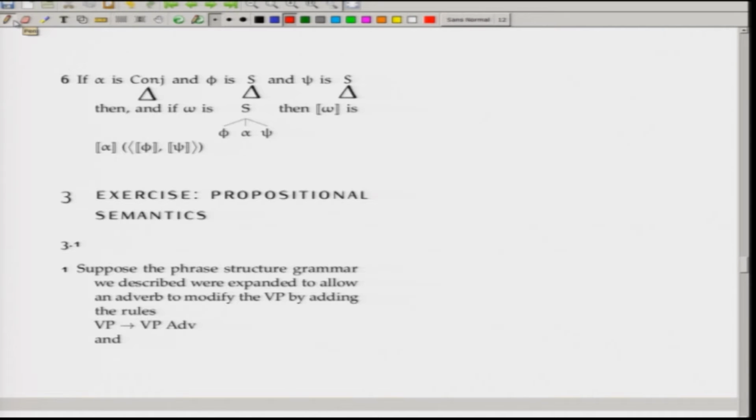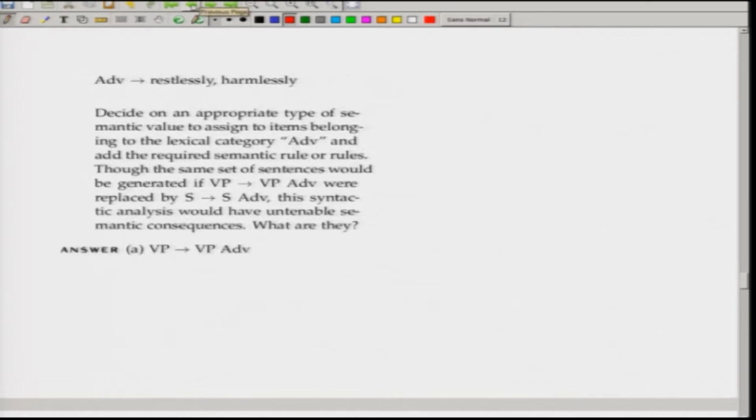That is, we are having two adverbs. Decide on an appropriate type of semantic value to assign to items belonging to the lexical category adverb and add the required semantic rule or rules. Though the same set of sentences would be generated if VP goes to VP ADV were replaced by S goes to S ADV, this syntactic analysis would have untenable semantic consequences. What are they?